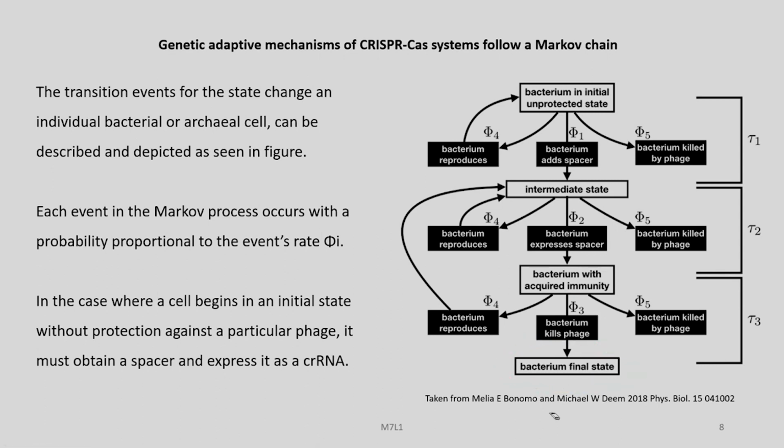Now, if you look into each state, there are two probabilities. This is a bacteria which is unprotected. This bacteria will undergo reproduction and survive because it is not attacked by any virus, but some of its other daughter cells were attacked by the virus and were killed.